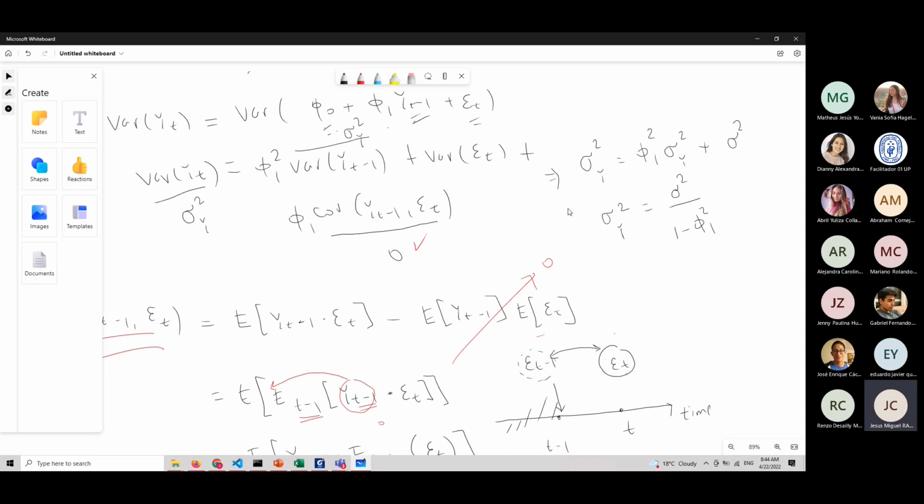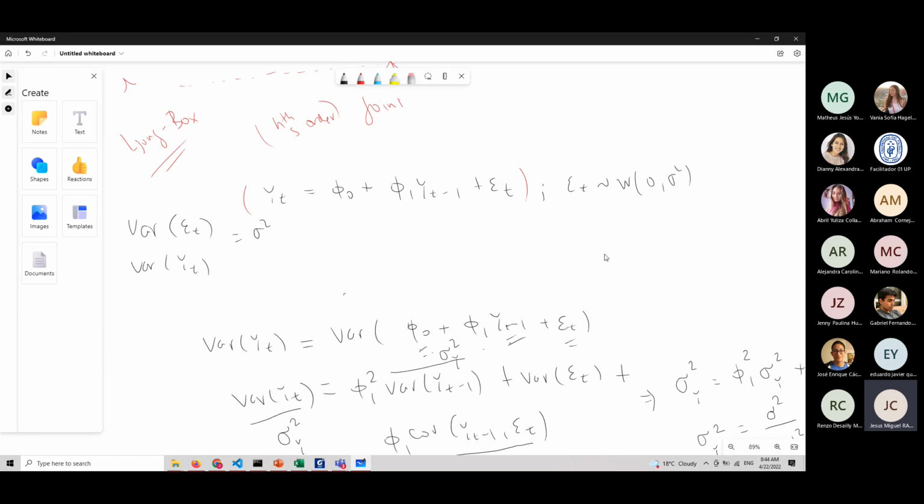That is the variance of yt. Then the R square is 1 minus the variance of epsilon t over the variance of yt. If we replace those values, we have 1 minus (1 minus phi 1 square), which is phi 1 square. So the R square of the regression is phi 1 square.